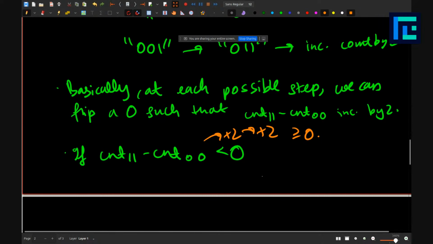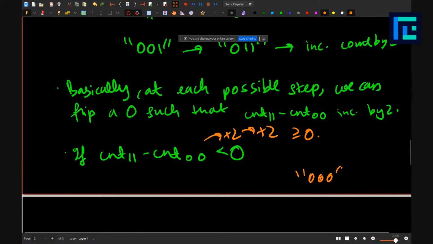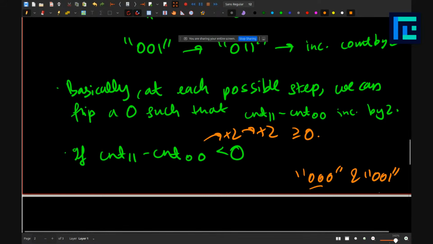At each step we can do a +2 operation, because of the two cases 0 0 0 as well as 0 0 1, right? So if there's a 0 0 in the string, then always we can flip a bit in such a way that the desired quantity increases by 2. And as long as it's less than 0, we can keep adding 2 until it becomes greater than equal to 0.